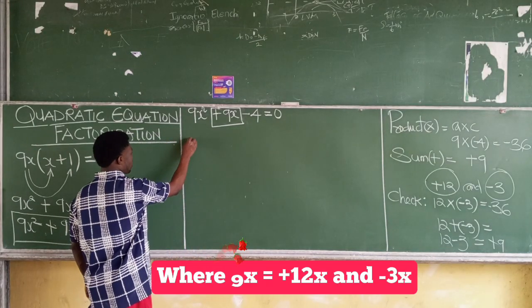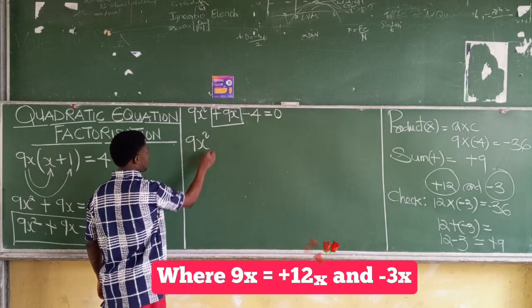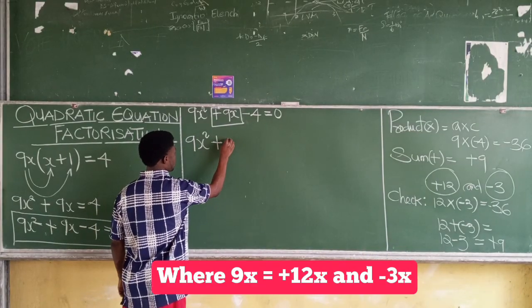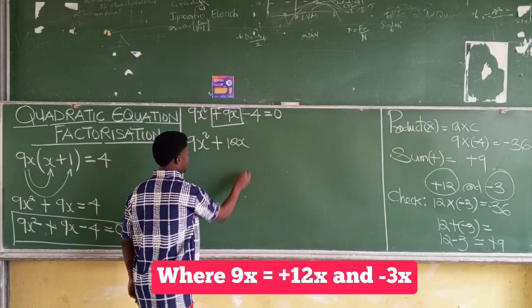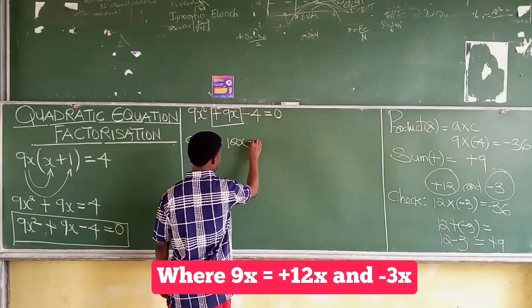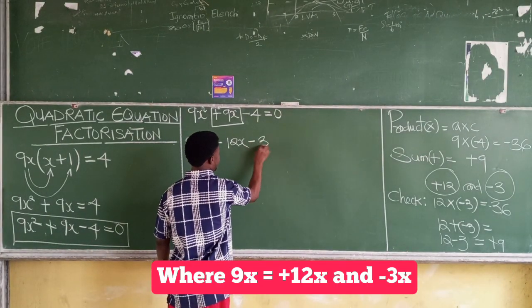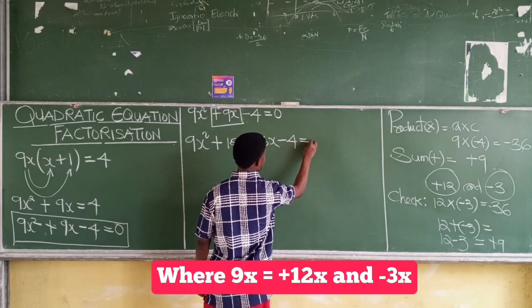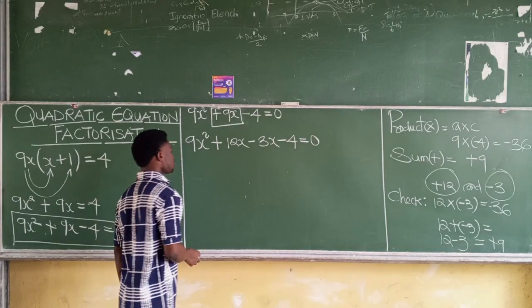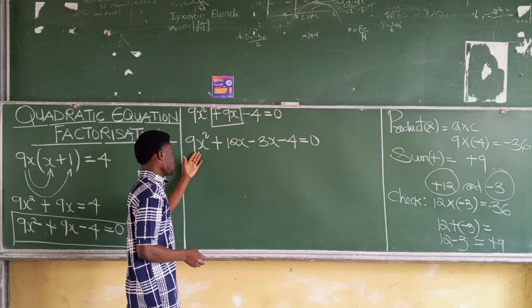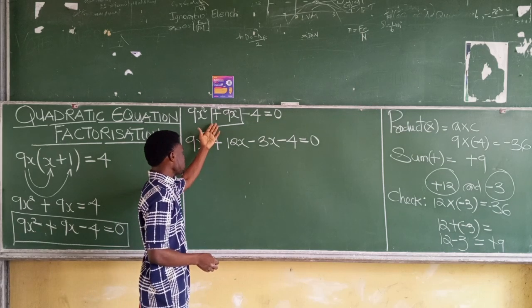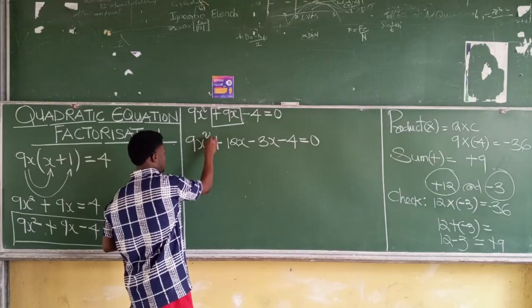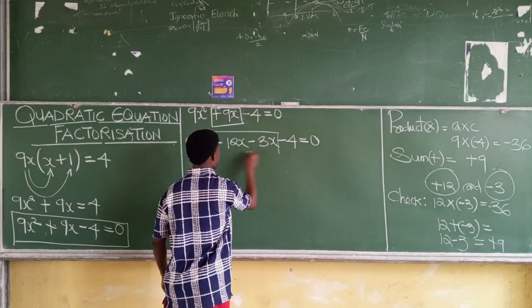So doing that, we have 9x² + 12x - 3x - 4 = 0. Instead of writing 9x, we substituted 9x with these two values.